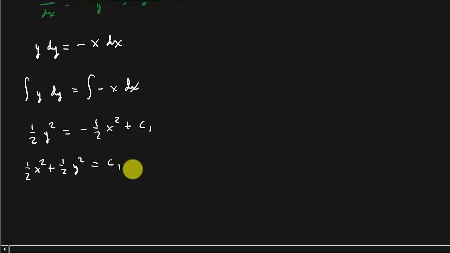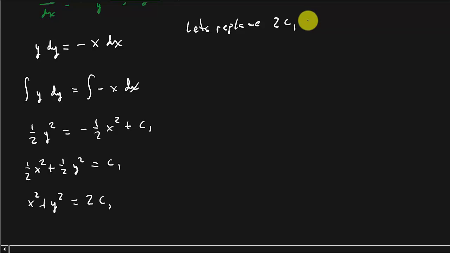And then I'm going to multiply everything by 2. That's going to give me x squared plus y squared equals 2c1. Okay. All right. So now let's replace 2c1 with c squared. So that's going to give me x squared plus y squared equals c squared.